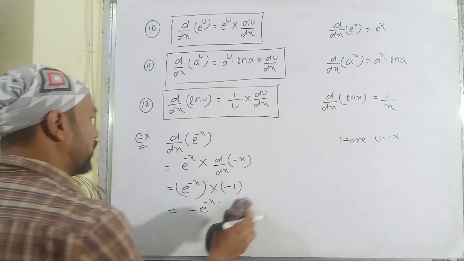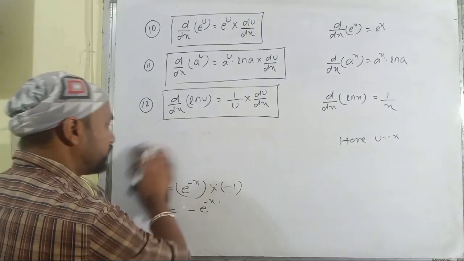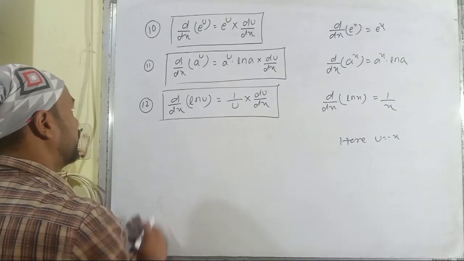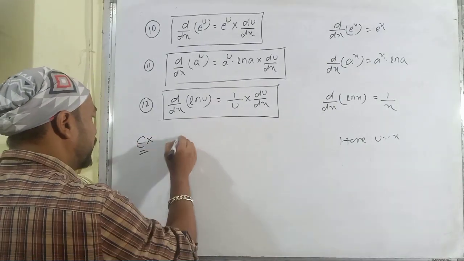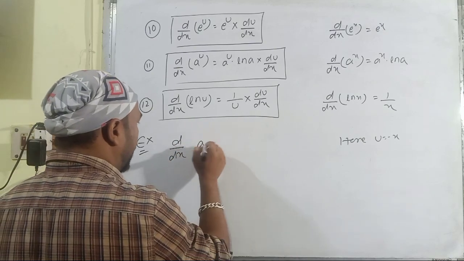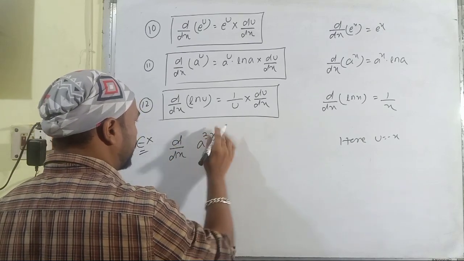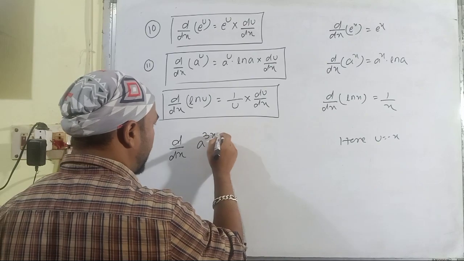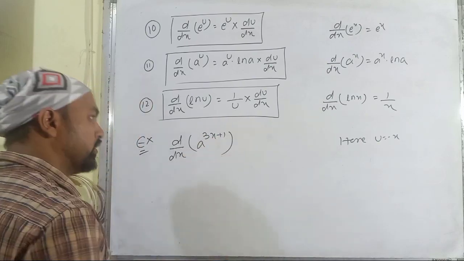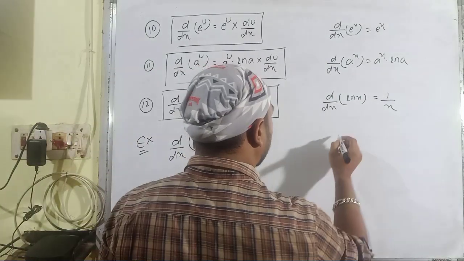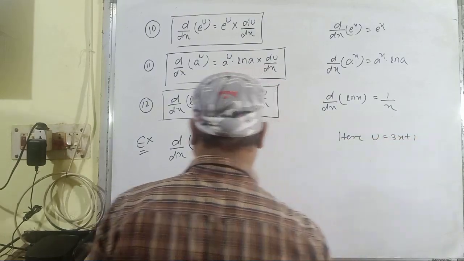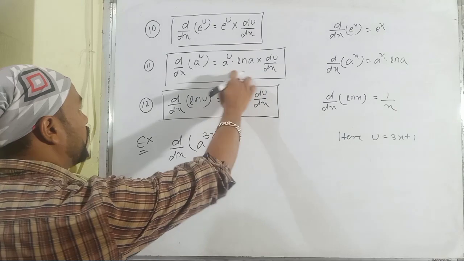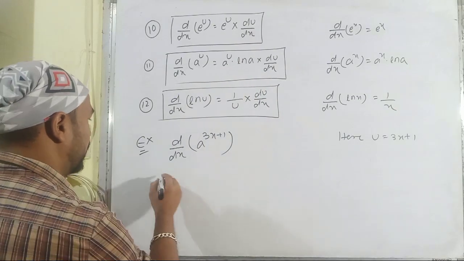Then moving to the next problem. Differentiation of a to the power 3x plus 1. Here u is equal to 3x plus 1. We have to use this formula here.